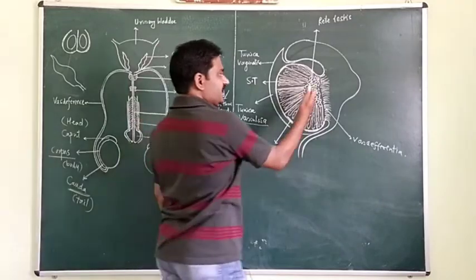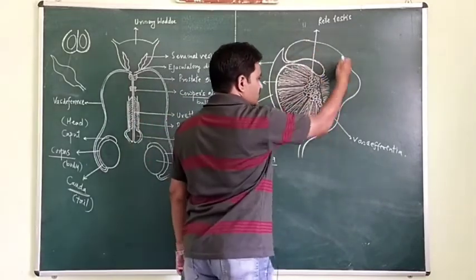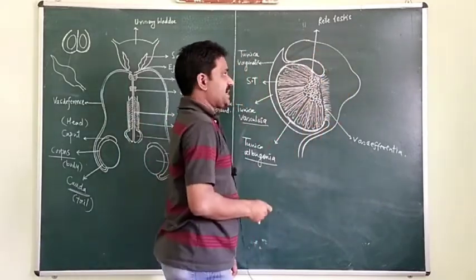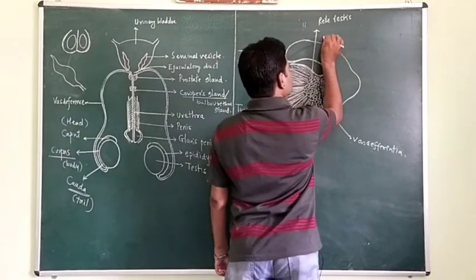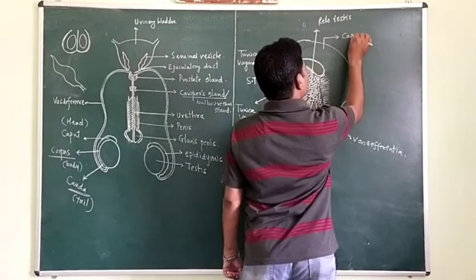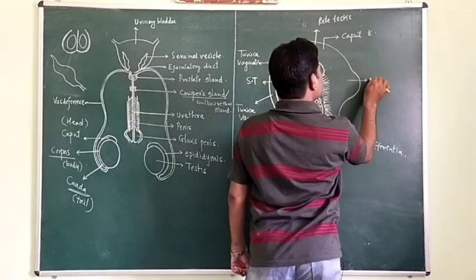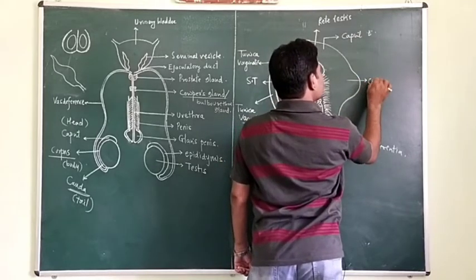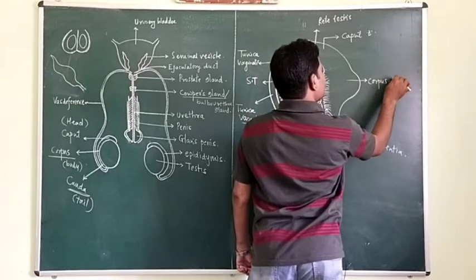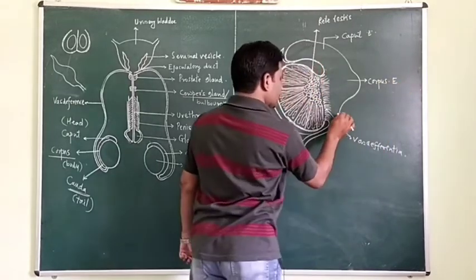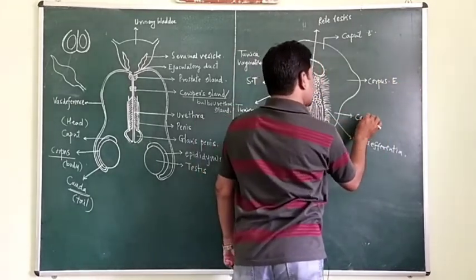Now this vasa efferentia opens into the posterolateral part, the epididymis. The topmost part is called the caput epididymis, the middle part is the corpus epididymis, and the lower part is the cauda epididymis.